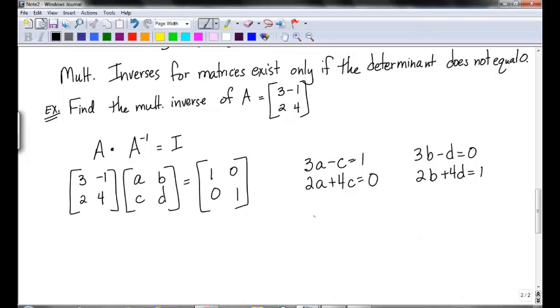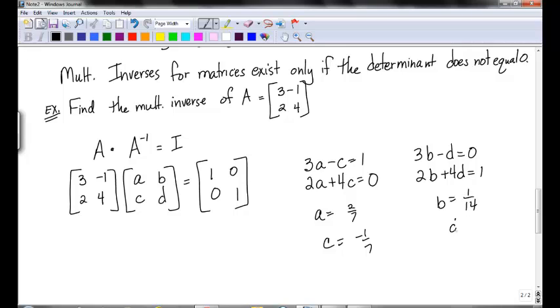Okay, for A, what did this group get? 2/7, I agree. For B, -1/7, I agree. Oh, you guys got C. What'd you have for C? -1/7. B, what'd you get? 1/14, I agree.